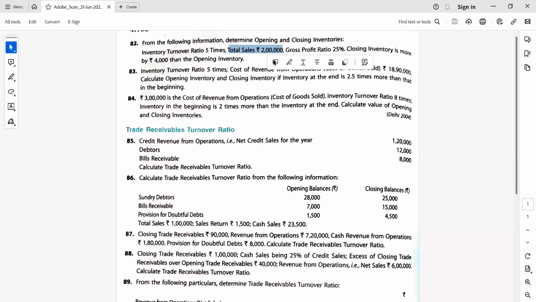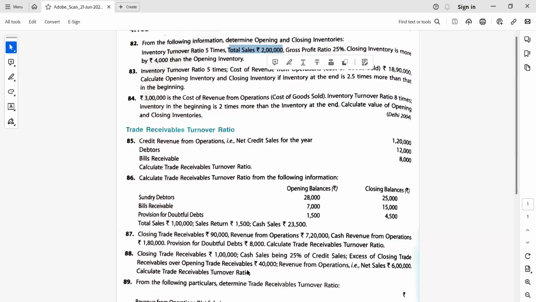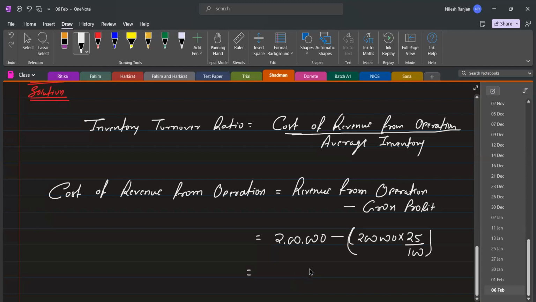It is 2 lakh and gross profit ratio is 25. So 2 lakh minus 2 lakh into 25%. Gross profit is generally calculated on sales if there is nothing written with gross profit ratio. So it is just written 25%, not 25% on cost, or 25% on anything else. So that's why we are taking it on sales. 2 lakh minus 50,000. So the cost is 1,50,000. Is this clear?